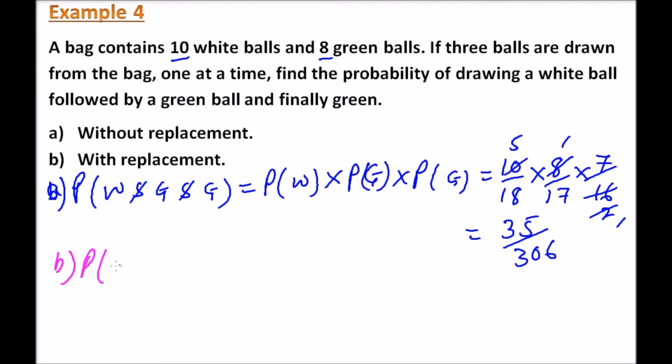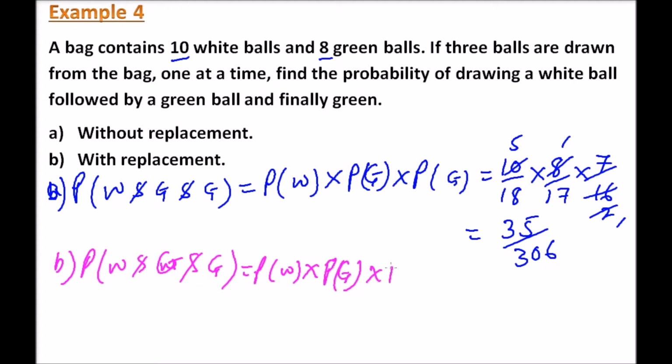So the probability of getting a white and a green is equals to the probability of getting a white multiplied by the probability of getting a green multiplied by the probability of getting a green, which is equal, since we are replacing, it means the number will remain the same, multiplied by 8 over 18 multiplied by 8 over 18, and that should give you, when you multiply that, we can simplify this.